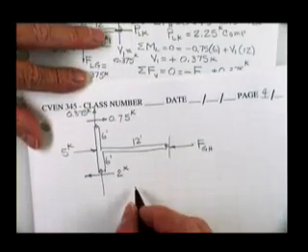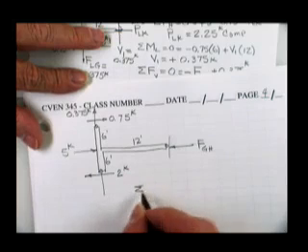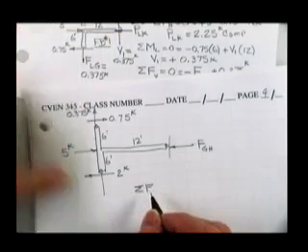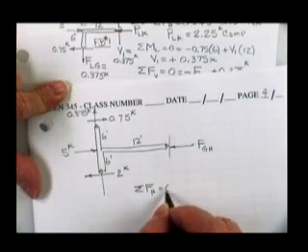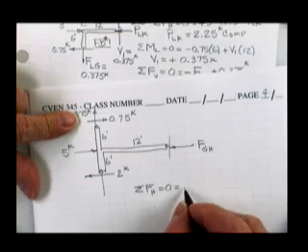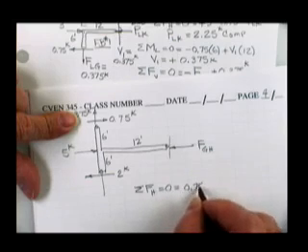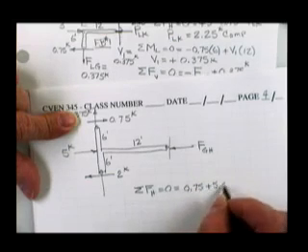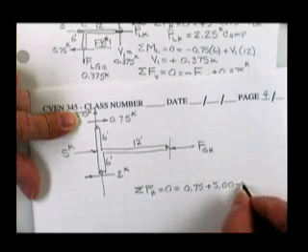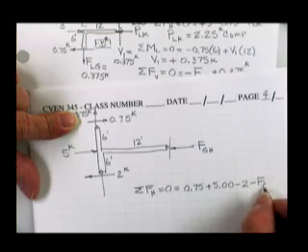And therefore, sum of the forces in the horizontal direction equals 0 is equal to 0.75 plus 5 minus 2 minus the force in GH.